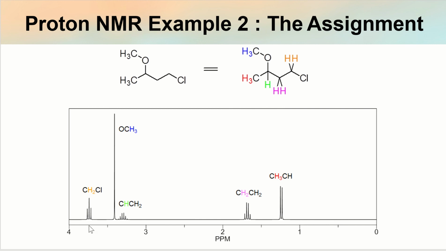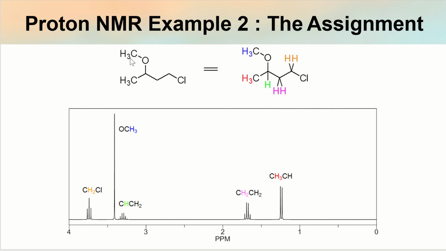So bring it all the way down. So this is 3.5 and 4, so it's somewhere in the middle here. All right, so going from this end, the next up is our other set of protons that are attached to an electronegative oxygen, right?